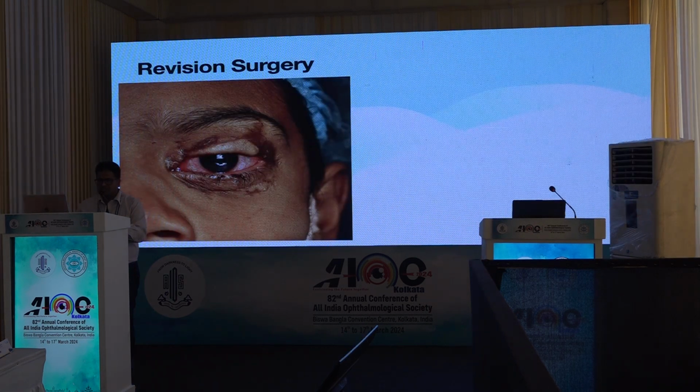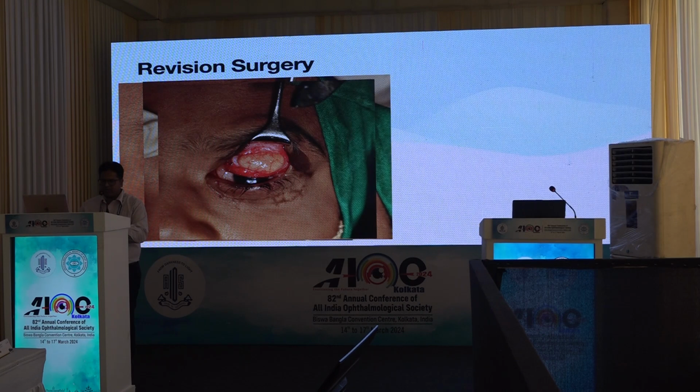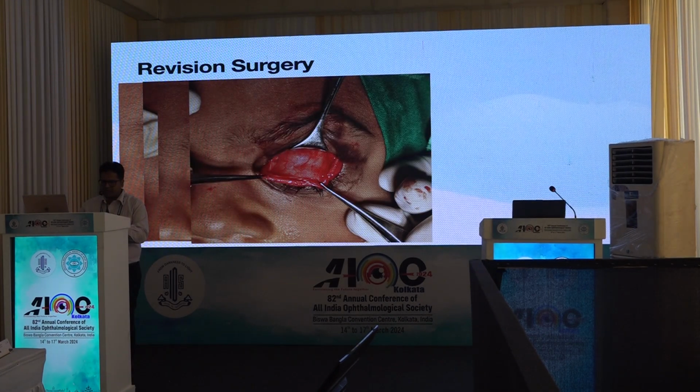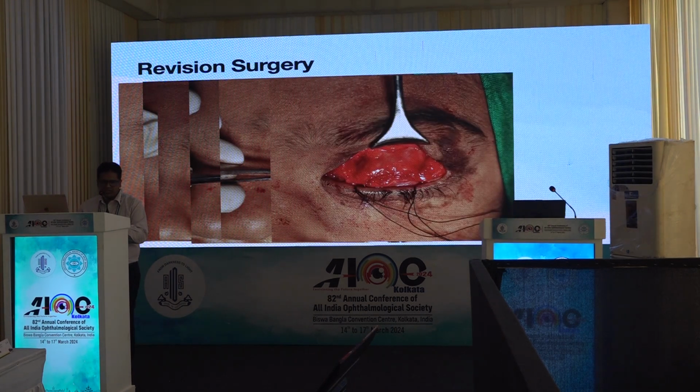So what I did was I removed the skin graft and separated it from the posterior lamella, and after exposing the levator palpebrae superioris, I took a Hughes flap and attached it to the levator directly.